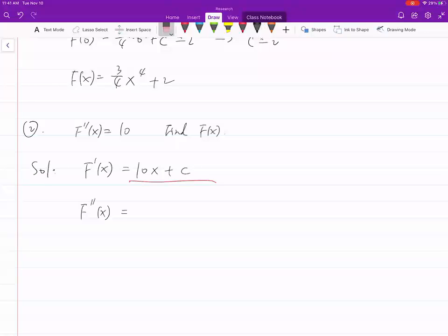What's the antiderivative? That's 10 times 1/2 x squared for the first term. What's the antiderivative of this? Cx. It's a constant, right? Plus another constant coming from taking the antiderivative again.